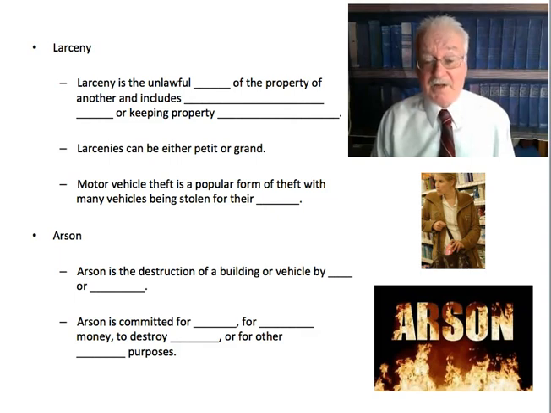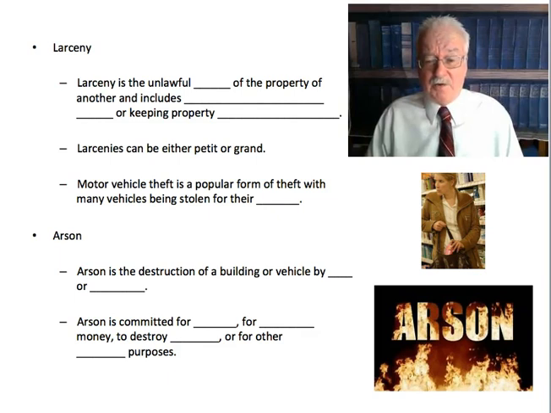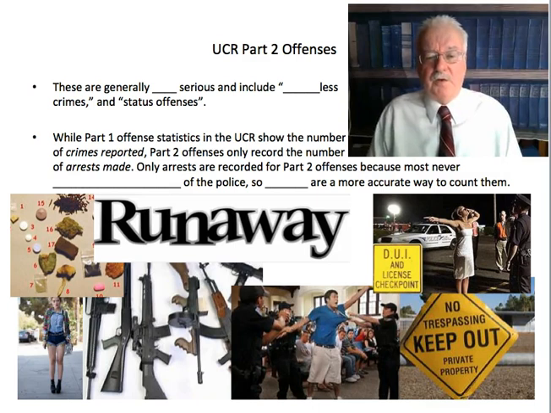So arson is an extremely serious crime, much more serious if you torch a residence than a vehicle or an unoccupied building. And let's now move on to the Uniform Crime Report Part 2 offenses.